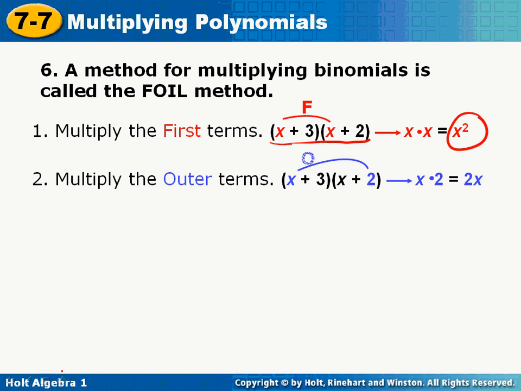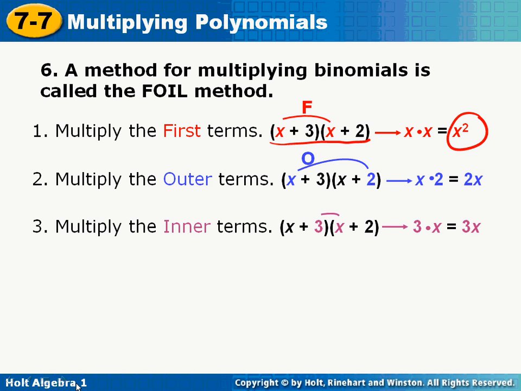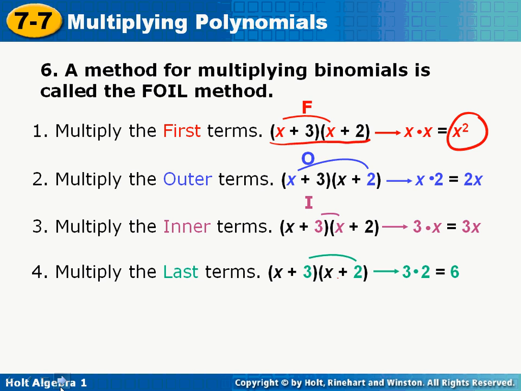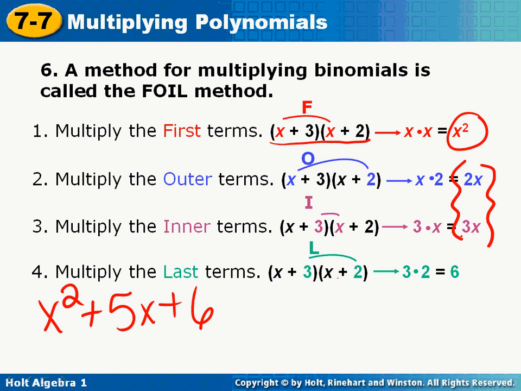And that is called the O. The third thing we have to do is multiply the inner terms, which is these 2 little inside guys. 3 times x is 3x. Okay, and the L stands for last, and we have to multiply 3 times 2, which is 6. So our answer looks like this so far. X squared plus 5x plus 6. Where did I get 5? 2x and 3x gives me 5x.